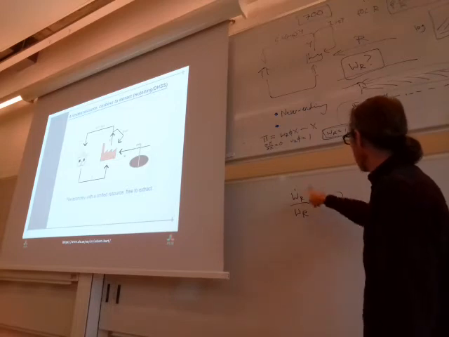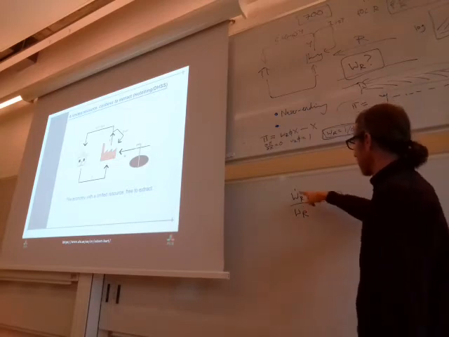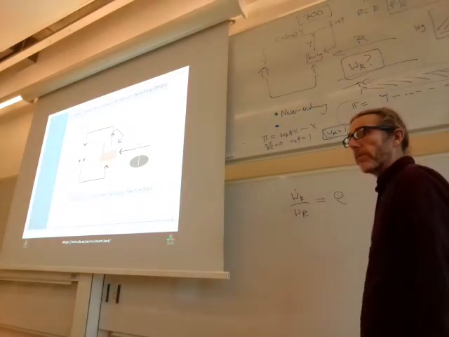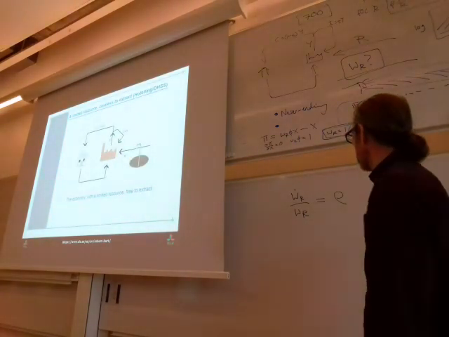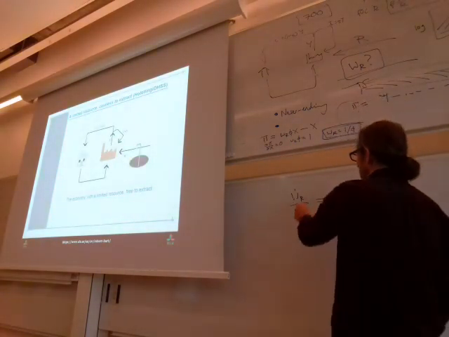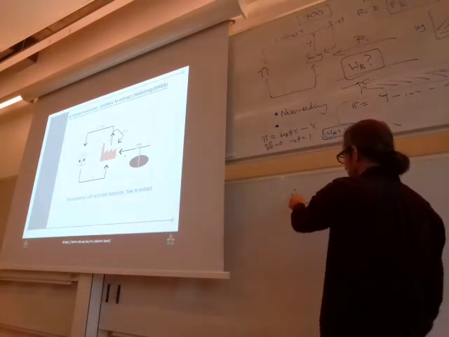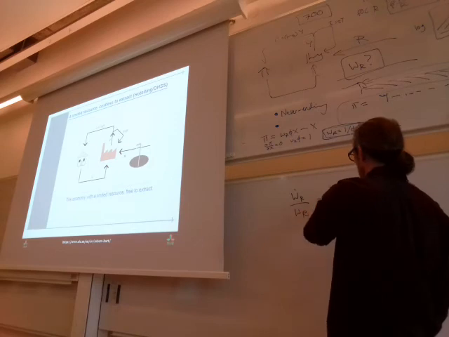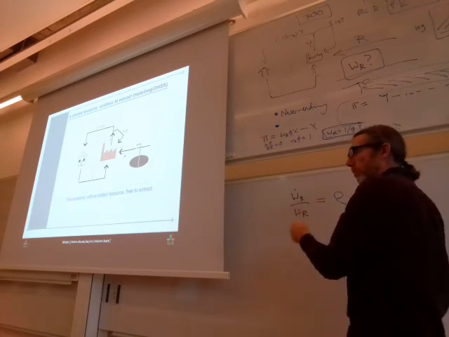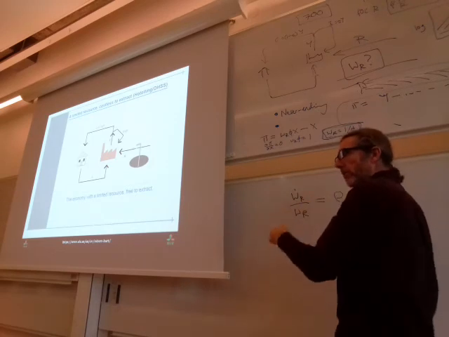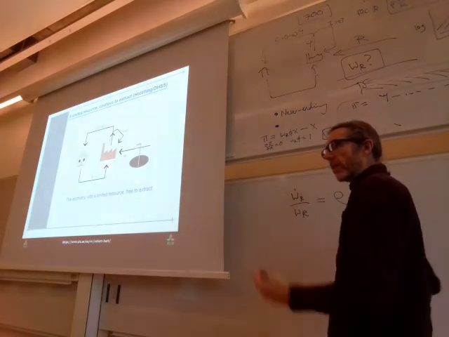If this holds, then you're indifferent between extracting and not. Because the value of what you might extract is growing at this rate, WR dot over WR, which is rho, and the value of your money in the bank would also grow at rho if you convert it into money. So then you're indifferent.